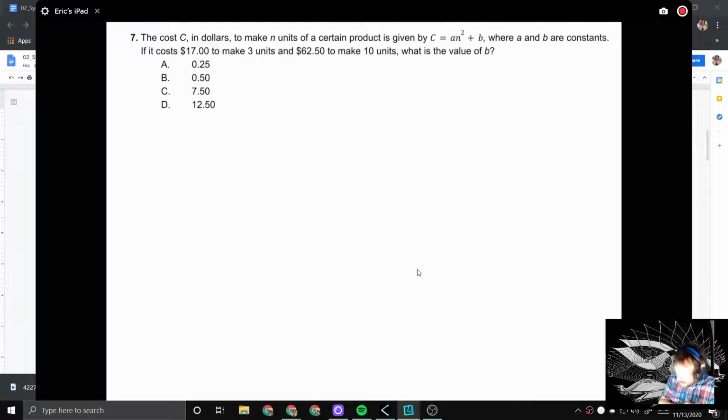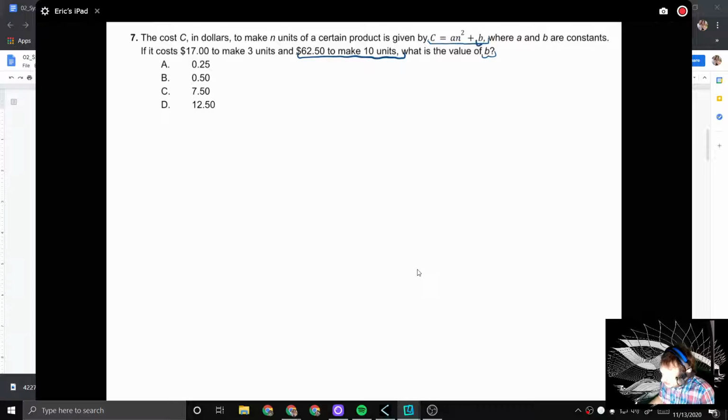So, anyways, number 7, the cost C in dollars to make n units of a certain product is given by this right here, where A and B are constants. It costs $17 to make 3 units and $62.50 to make 10 units. What is the value of B?